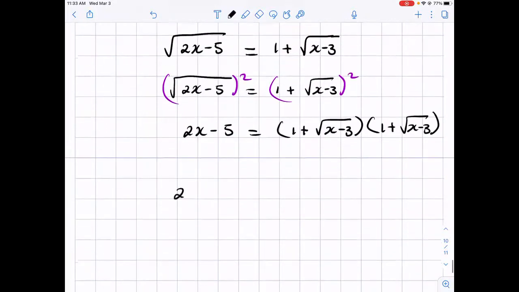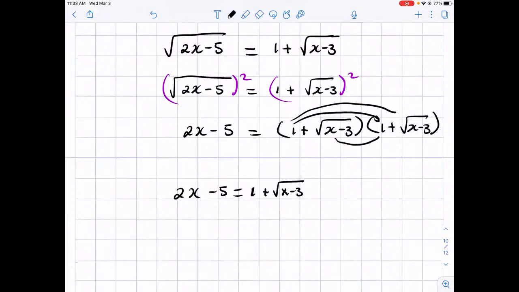And if you FOIL that out, 1 times 1 is 1. 1 times the root of x minus 3 becomes plus the root of x minus 3. And this times 1 becomes plus the root of x minus 3. And then we have the root of x minus 3 squared.